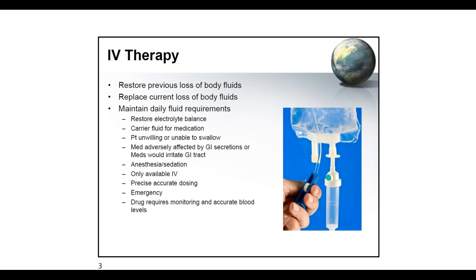So if you give that medication IV, you may have a more consistent level of medication in the patient's body. And then in emergency purposes, especially, if you give something through the IV, it doesn't really take that long to start working. And next, another reason could be if we are giving medication that needs to be monitored quite frequently, then we use IV therapy as well.